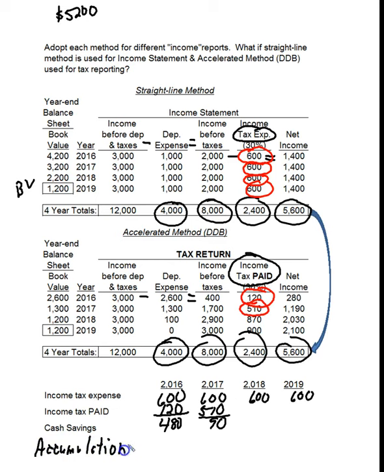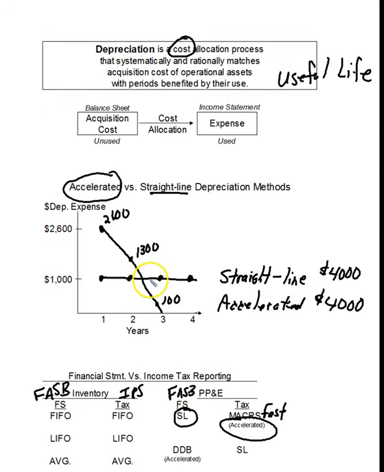So let's look at the accumulation. Year 1, 480. Year 2 was 90, so now we've accumulated to $570 total cash savings. Now, what happens in the third year? In the third year is where things start to turn around.